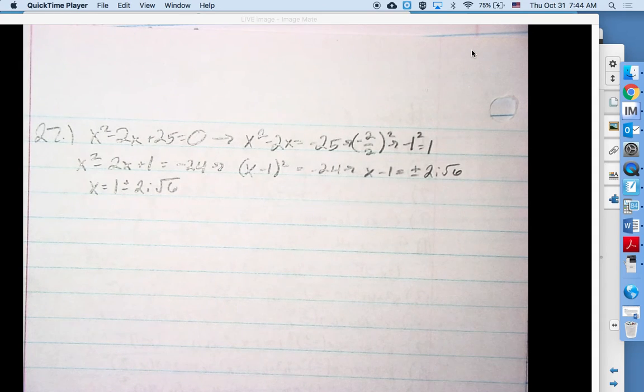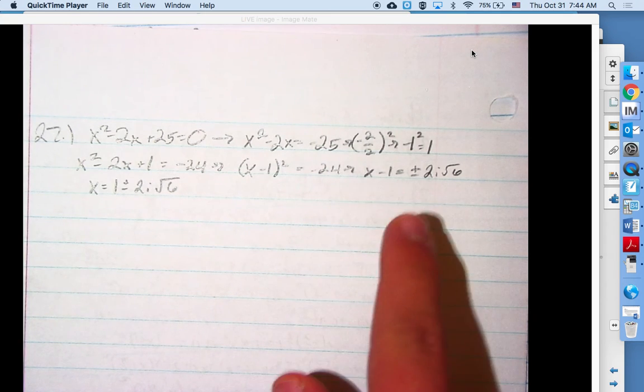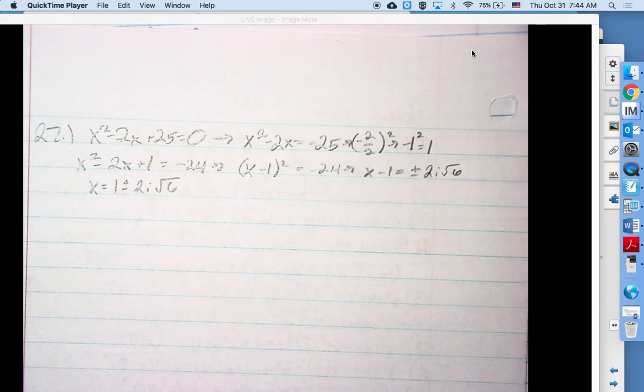So I moved the 25 over to the other side, and then I took the coefficient of negative 2 and put it over 2 and squared it, and that gave you negative 1 squared, which is 1. So then the equation becomes x squared minus 2x plus 1 is equal to negative 24, because you have to add the 1 to both sides, and negative 25 plus 1 is negative 24.